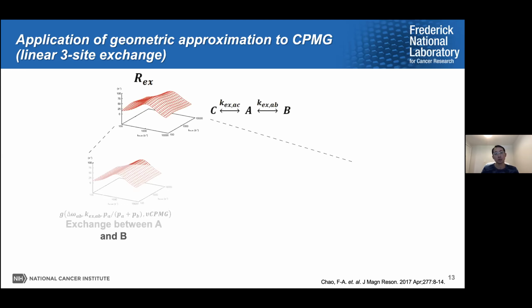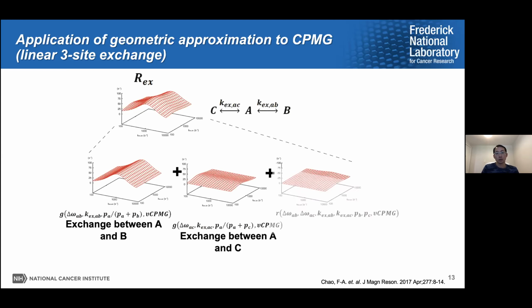Okay. So what we do is we do the principal component decomposition, using the same concept. So we decompose this surface into two lower dimension solution surfaces and one higher dimension surface, and transfer most of the geometric features to the lower dimension ones.